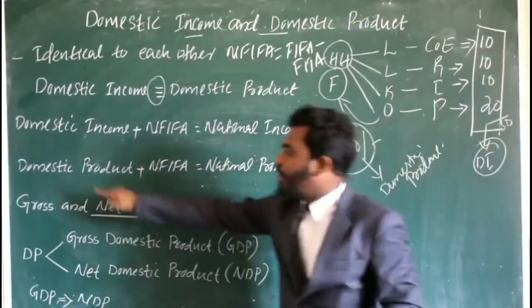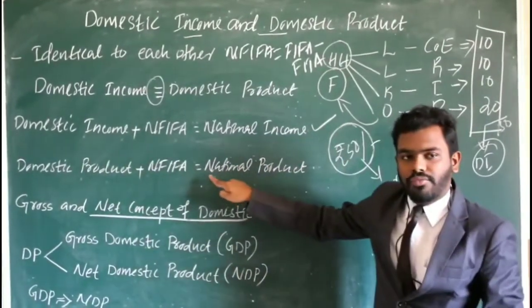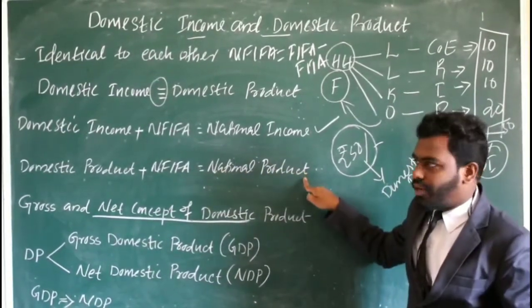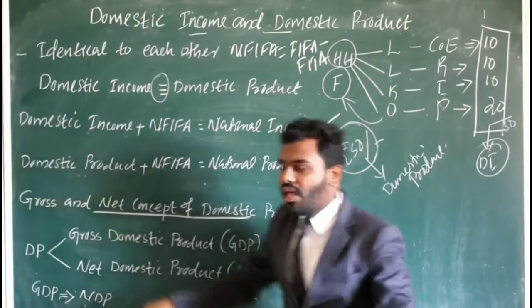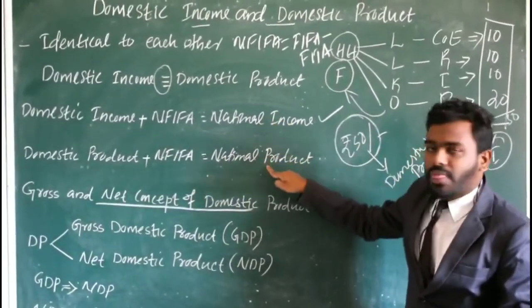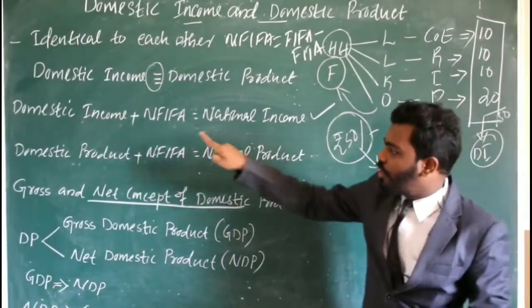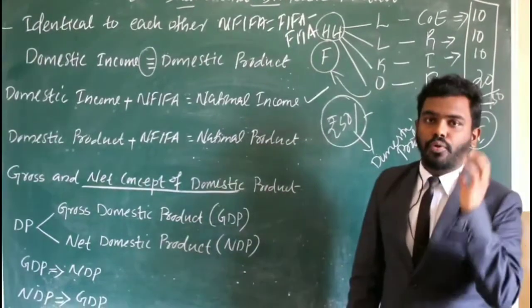Like that, domestic product plus NFIFA, what will be equal? That is equal to national product, because domestic income and domestic product are equal. Like that, national income and national product will also be equal.